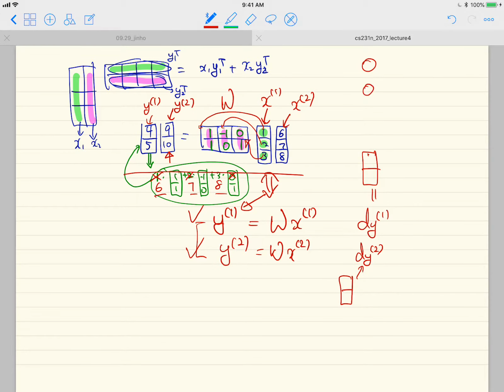I mean, again, we are dealing with this fully connected layer like this, right? And when putting in the first data item, we will do the forward pass, and then do the backpropagation, and then we will have the gradient for the first data item, right? Okay, so what about the gradient with respect to W?